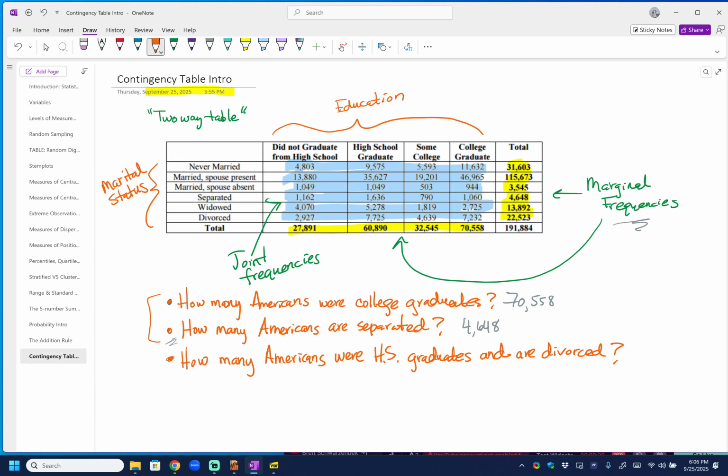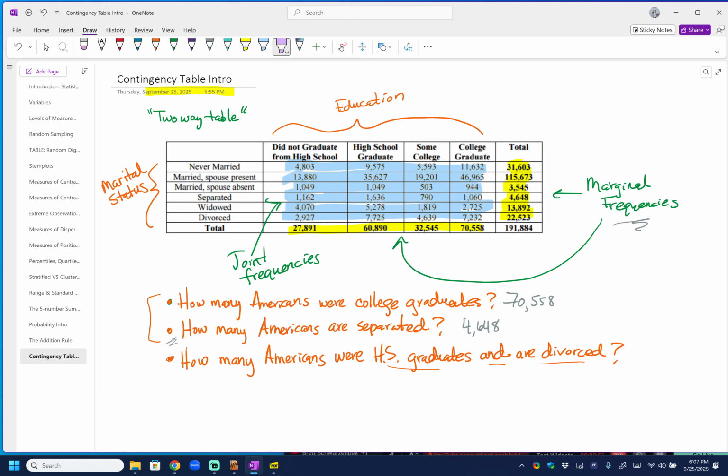Whereas this time, there's two variables mentioned with an "and" between them. So high school graduates and divorced. You could even say, without the "and," divorced high school graduates, whatever. It's a combination of both variables, which is a hint that if it's a combo, it's going to be a joint frequency. So all we have to do is find where these two variables overlap.